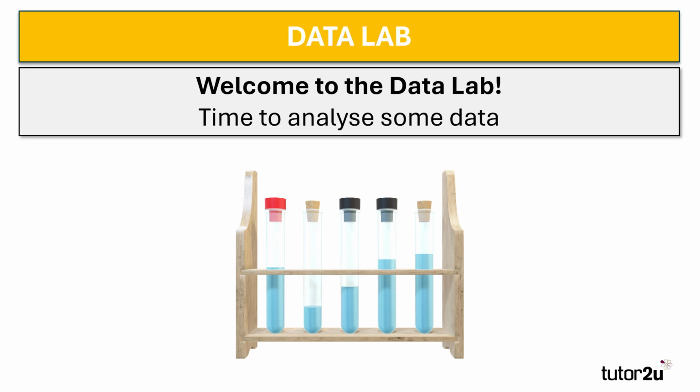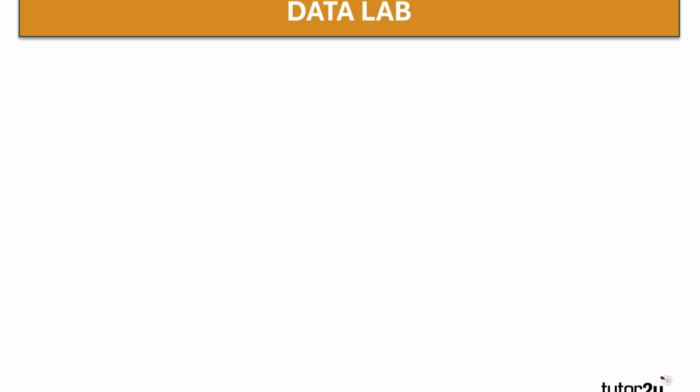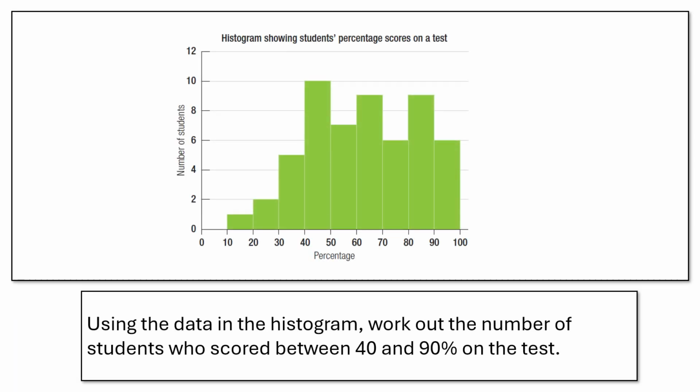So, welcome to the Data Lab. Here we're going to be analysing some data. So here we have a histogram. This is a histogram because it's a continuous scale here with the percentage and it's related data. So using the data in this histogram, work out the number of students who scored between 40 and 90% on the test.